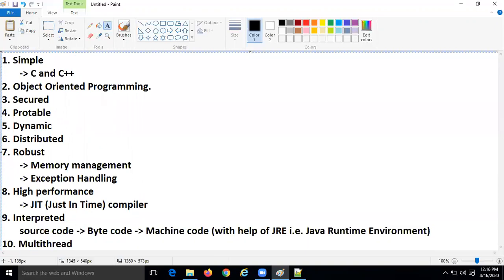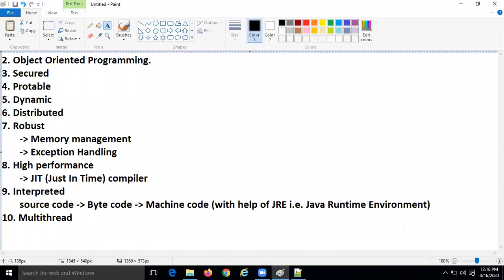And also Java provides high performance with the help of the JIT compiler, just in time, and also the interpreter. Java is not only a compiler, it is a compiler cum interpreter. In other languages, compilers are different and interpreters are different. But Java is a compiler cum interpreter.